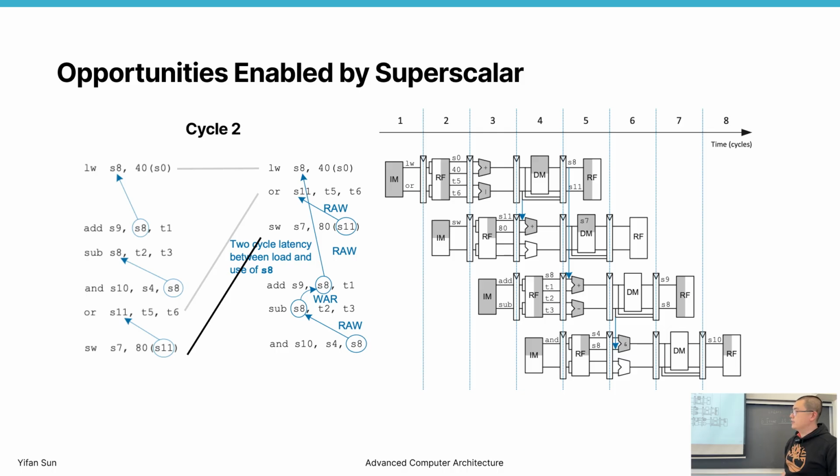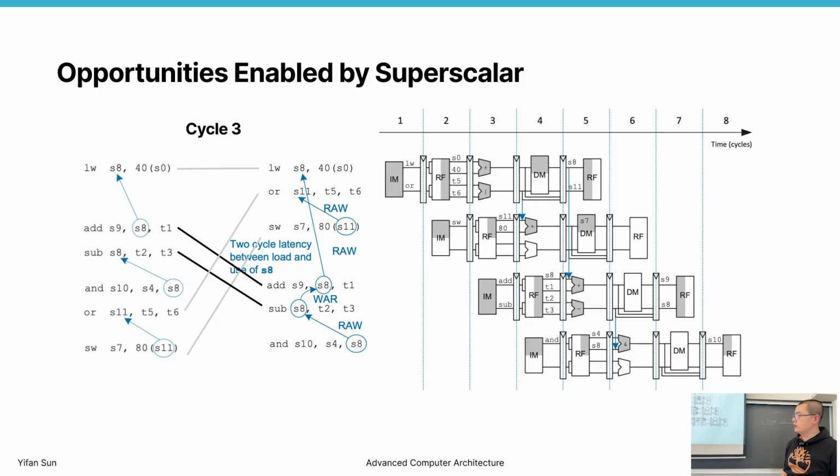So at the second cycle, we'll execute store. In the third cycle, we can execute these two. And there's a write after read hazard. What's going on is that we're writing this S8 result. If we're not taking care of this properly, we will write this S8 before we're reading this S8.